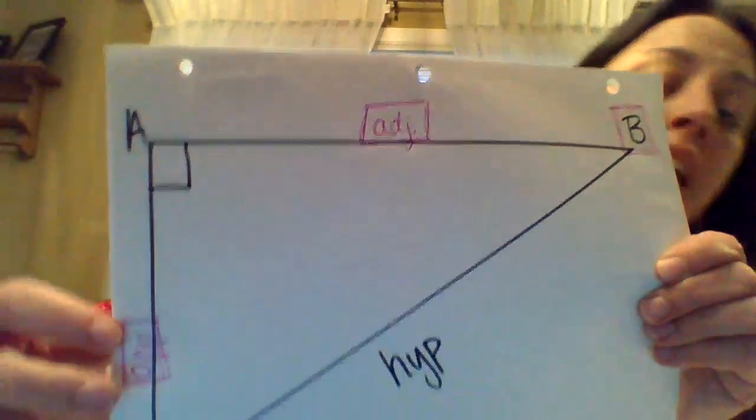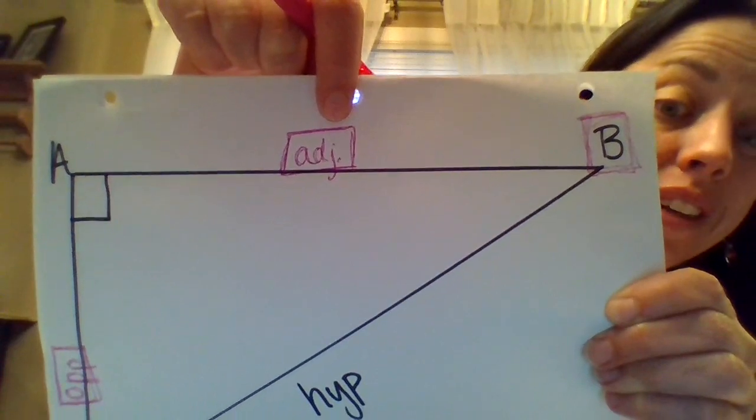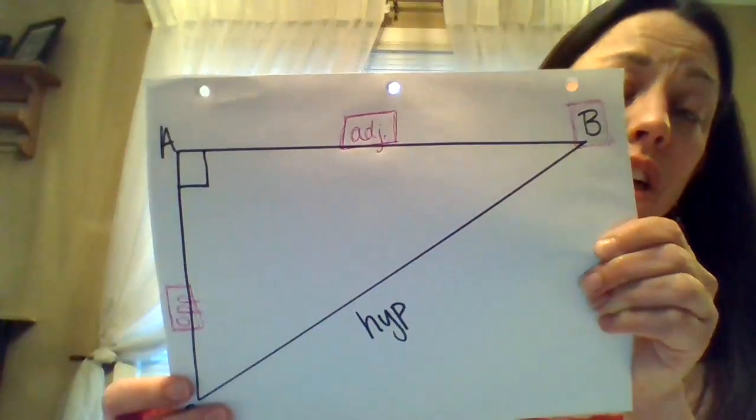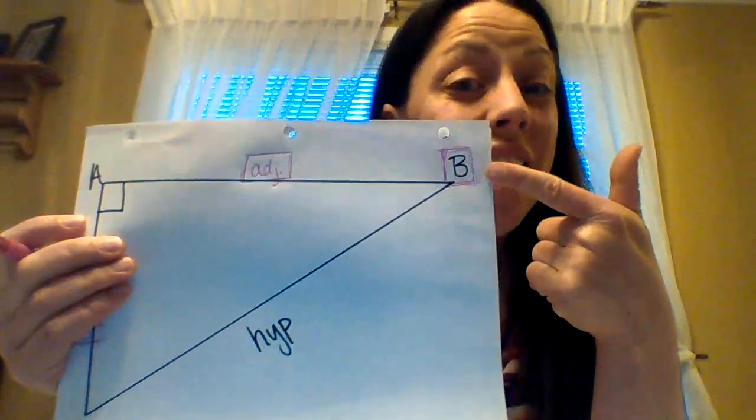But according to my pink angle, this would get the word opposite. This would get the word adjacent. So if we look at this triangle, because I circled B, according to student angle B, those are the words I would put on this triangle. But you know what? Student B is not the only student in the class. That's why I had you pick and draw two triangles that were exactly the same.